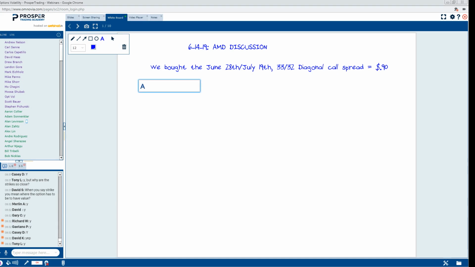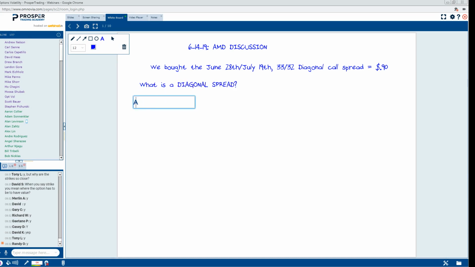Okay, now let's talk about what is a diagonal spread. Okay, first, it is the combination of a calendar and a vertical spread.